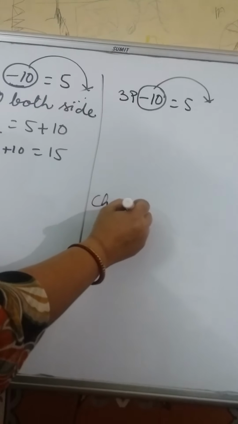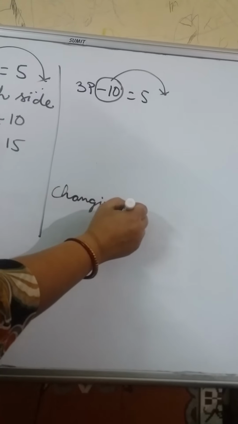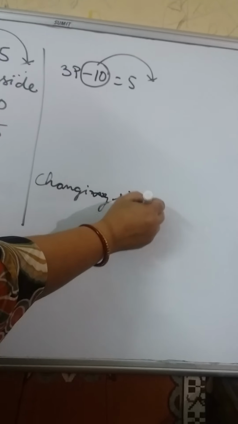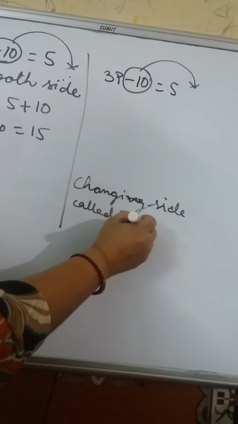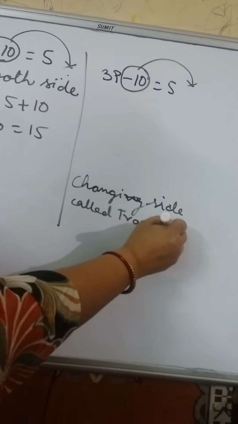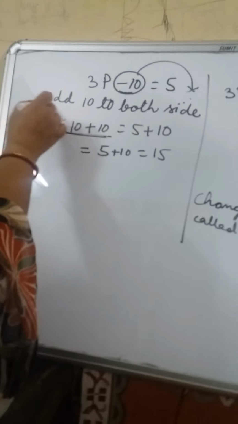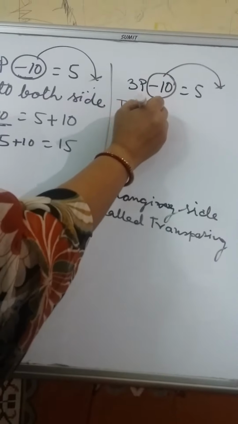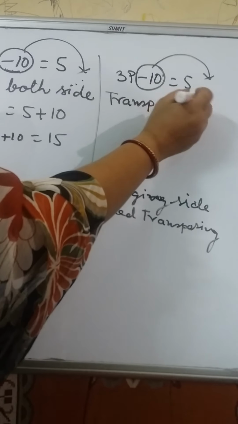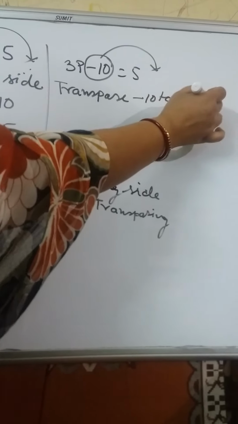So while I was writing add 10 to both sides, I can write that transpose minus 10 to the right hand side.